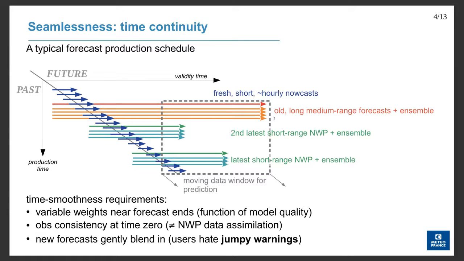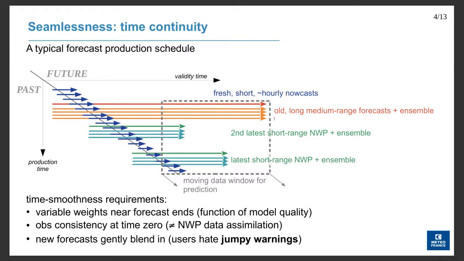The navy short arrows represent the nowcasting systems, which are frequently repeated and have very short forecast horizons. And then from time to time there will be longer range forecasts, either deterministic or ensemble predictions, which tend to start later in the past because they require longer time to prepare the initial condition and perform the computation, but they will reach further into the future.